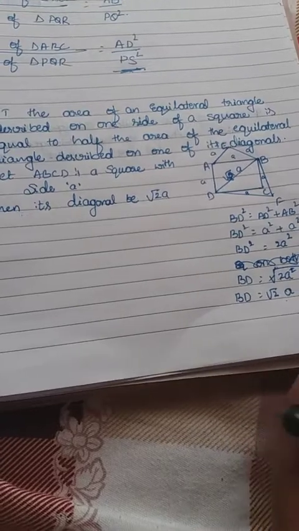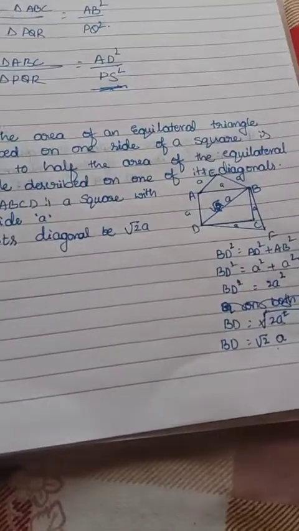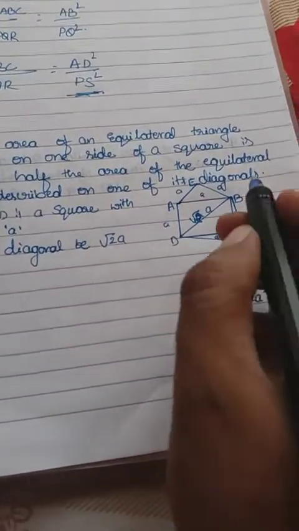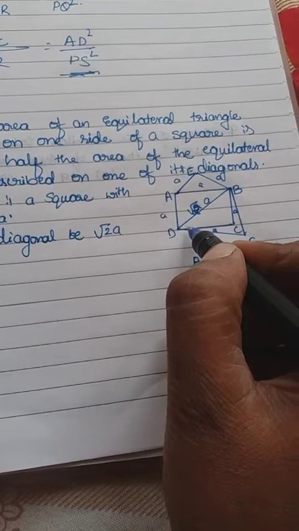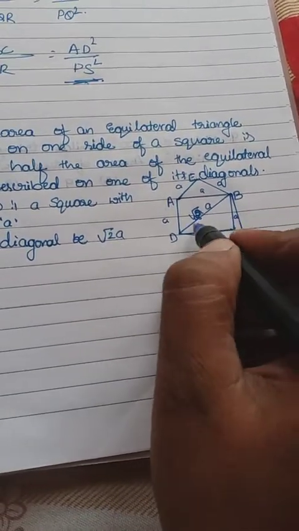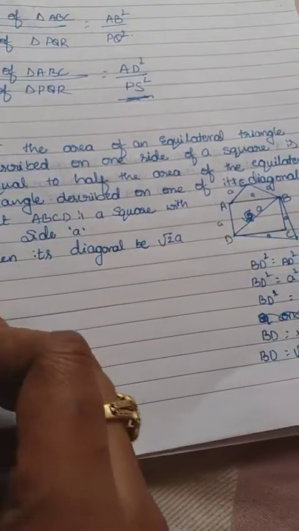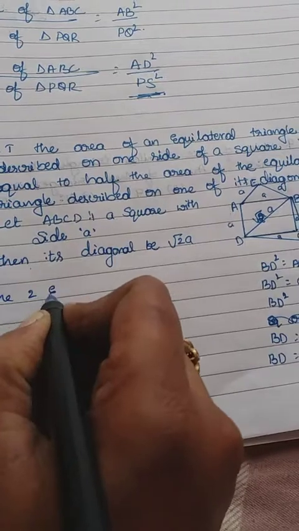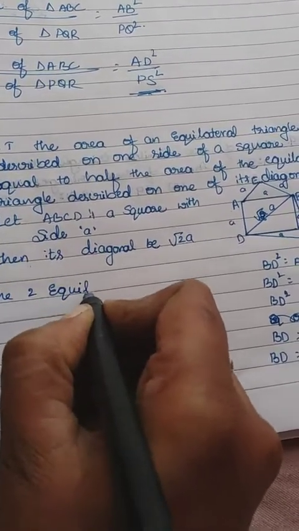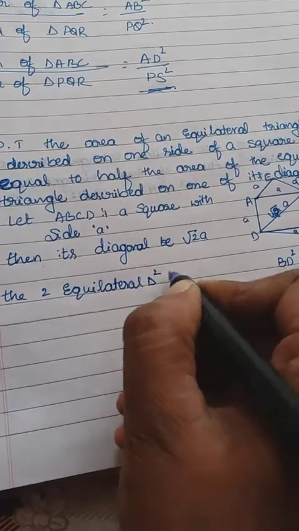Then, the given figures are equilateral triangles. Which are those equilateral triangles? The triangle ABE and the triangle DBF are the two equilateral triangles here. Equilateral means all the sides are equal.